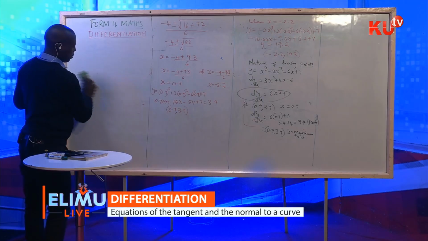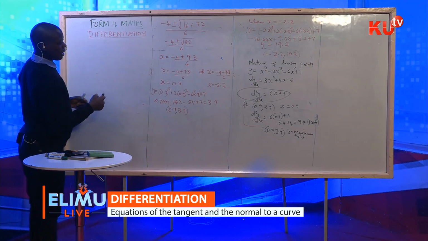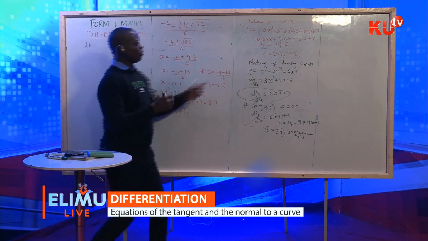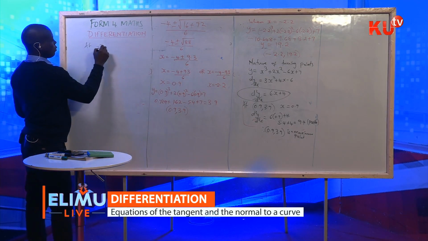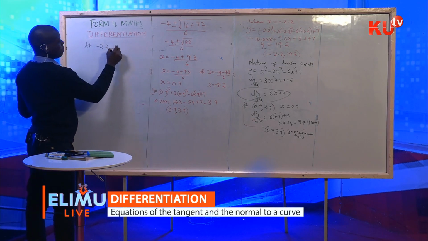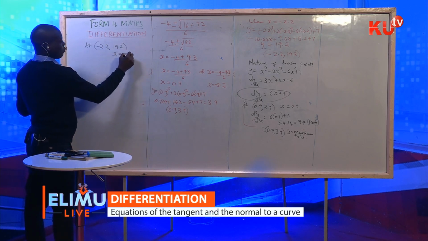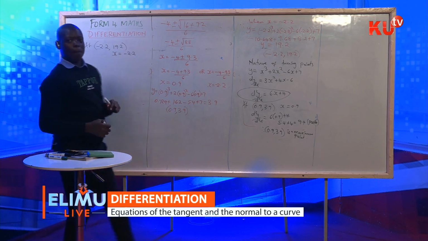And finally, to confirm the second point, which is negative 2.2, 19.2, x is negative 2.2.